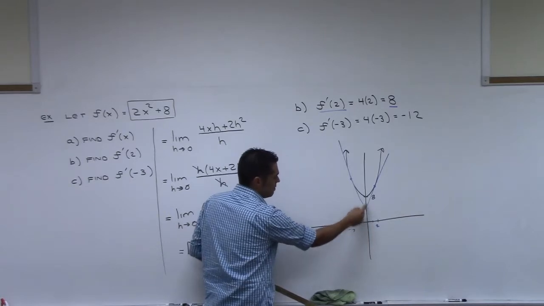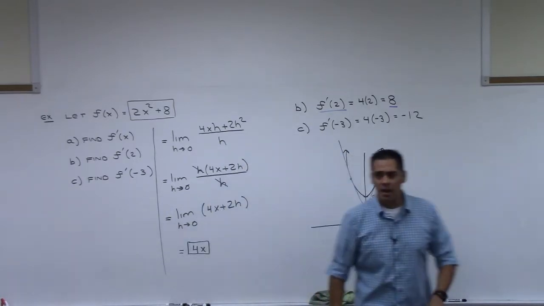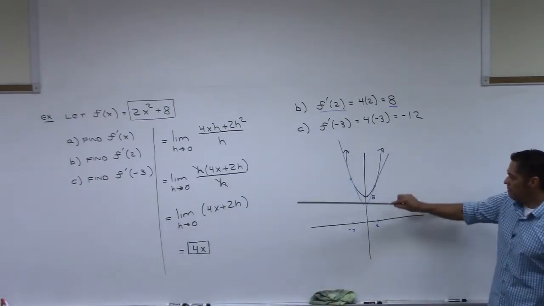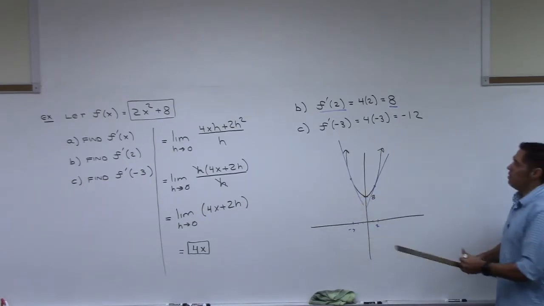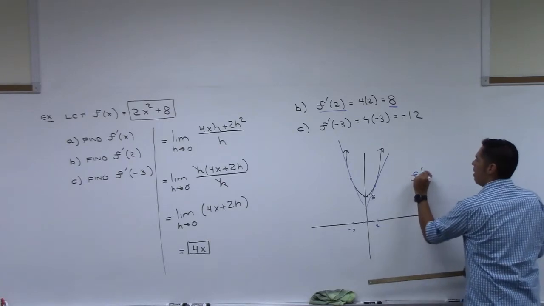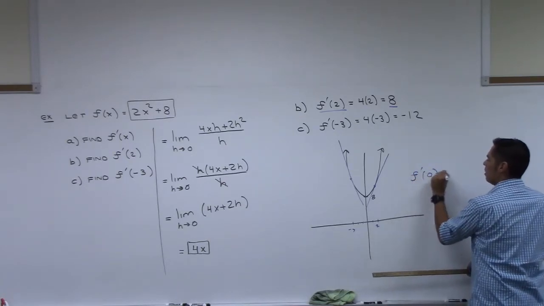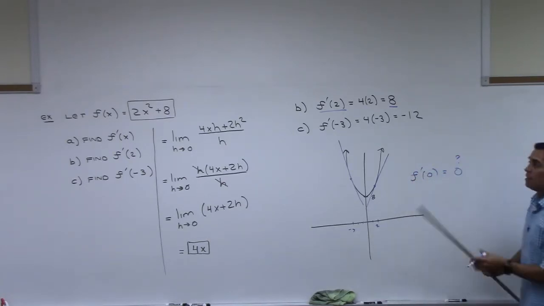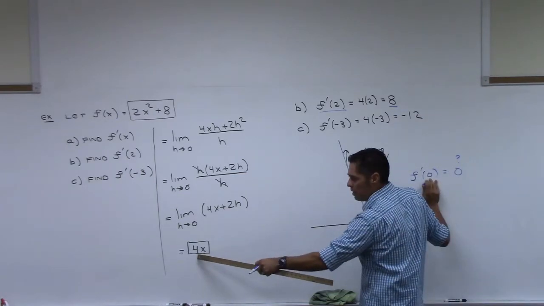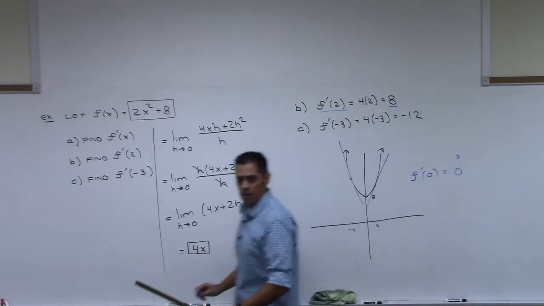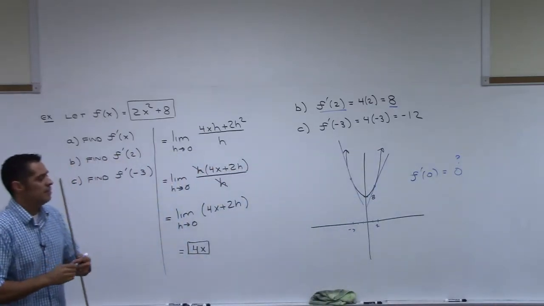If I went to 0, went up to the graph and told you to draw a tangent line, what would that slope be? It would be 0. Agreed? So it looks like just from looking that f prime of 0 should be 0, right? Well, is it? We have a formula, don't we? If we plug 0 into this, what do we get? 0. So it matches with what we're seeing on the graph.